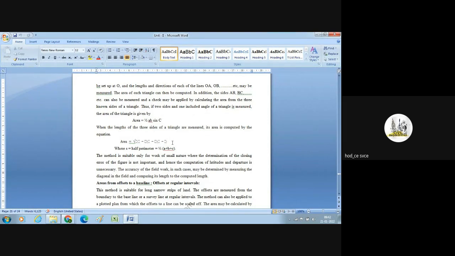Okay, next, coming to the area. Area from offsets to a baseline, offsets at regular intervals.